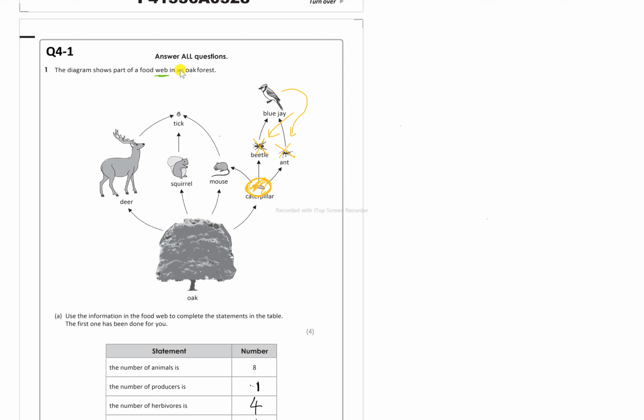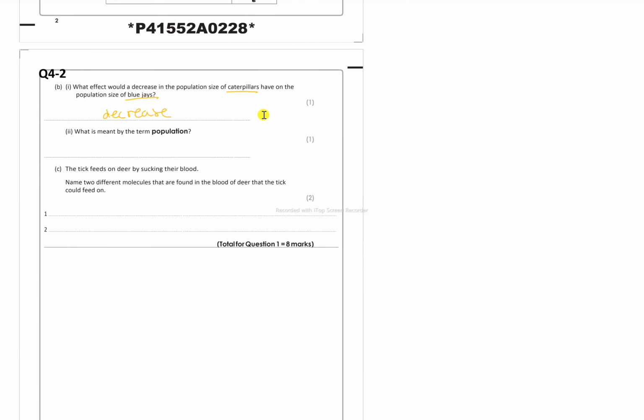So if there's less of these, there'll be less of them, which means that you can't support life with that. So that's why it would decrease.